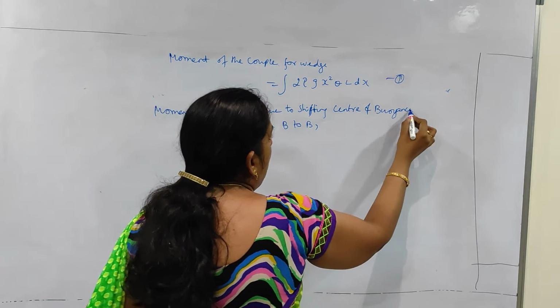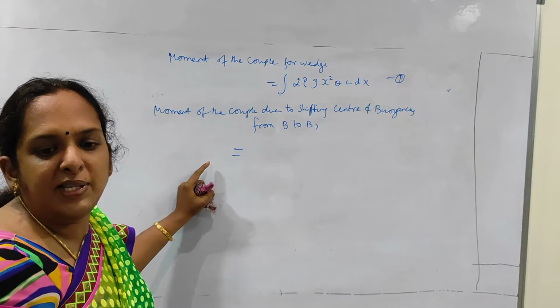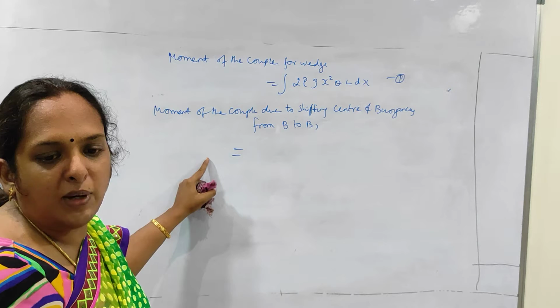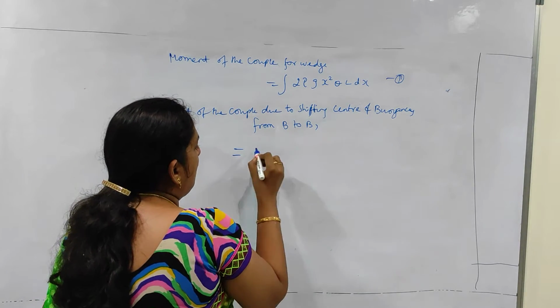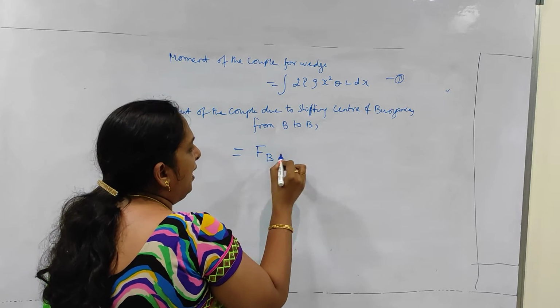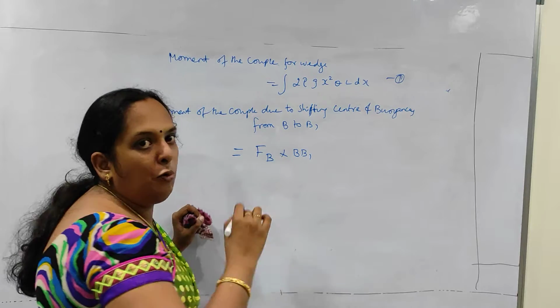So what is that? Moment is always force into distance. Because of buoyancy, what will be the force? FB. And what is the distance? It is moving from B to B1.